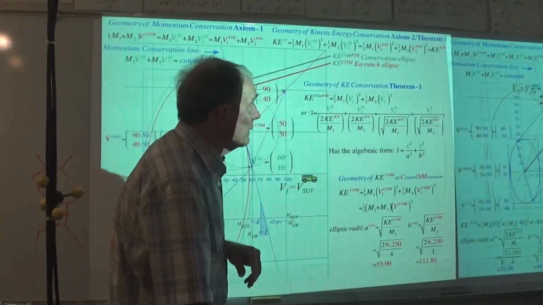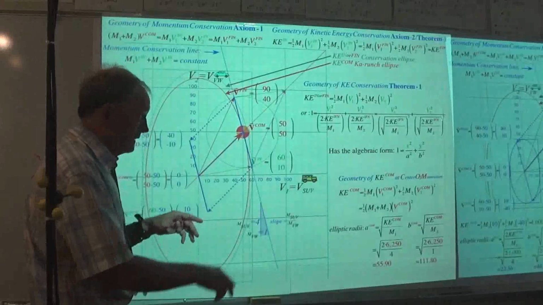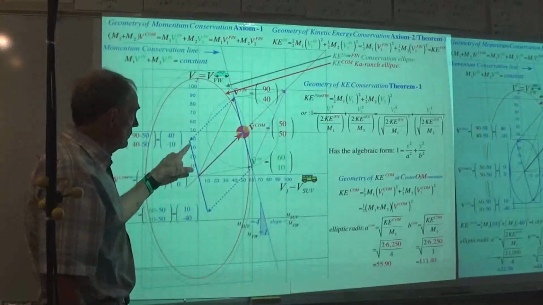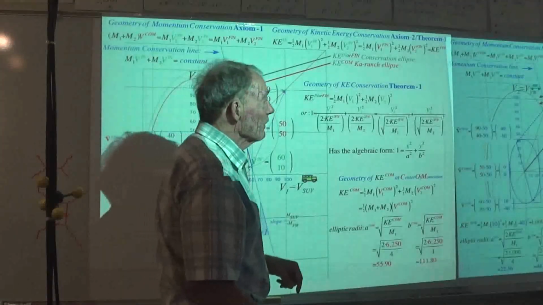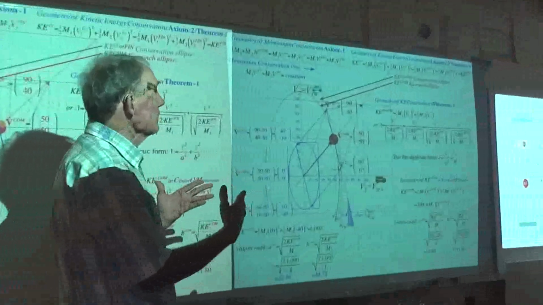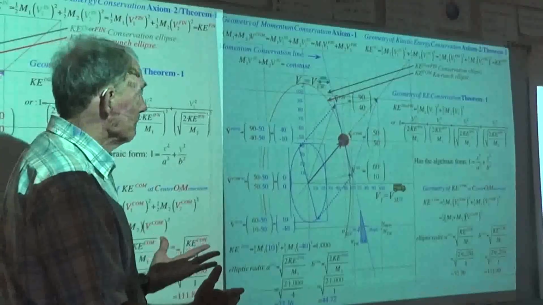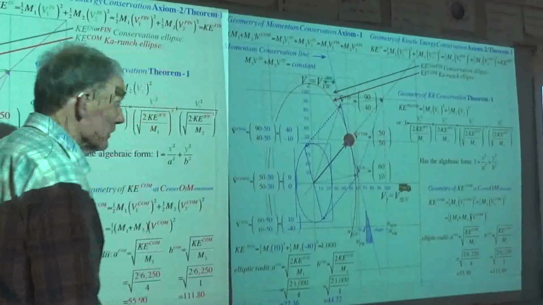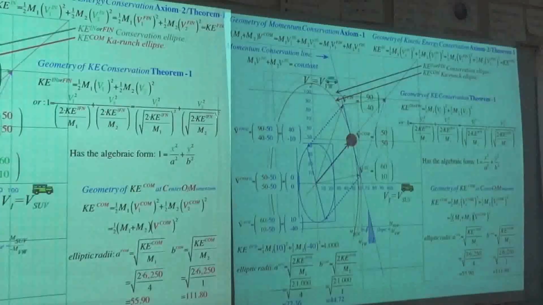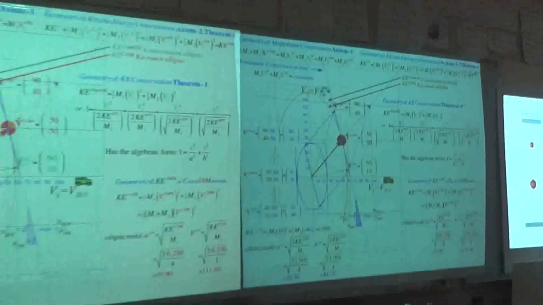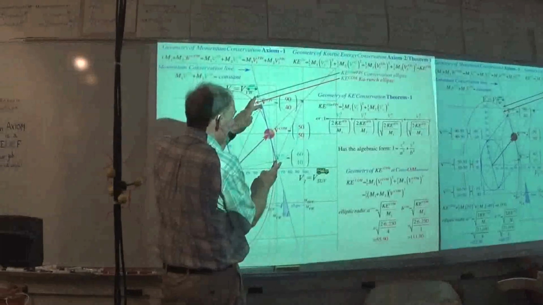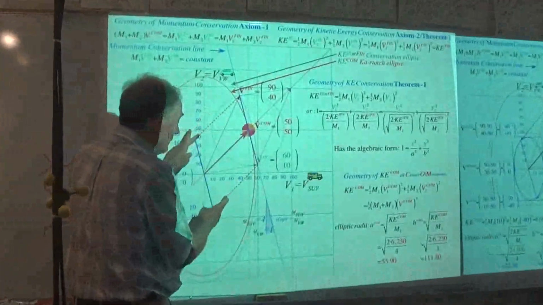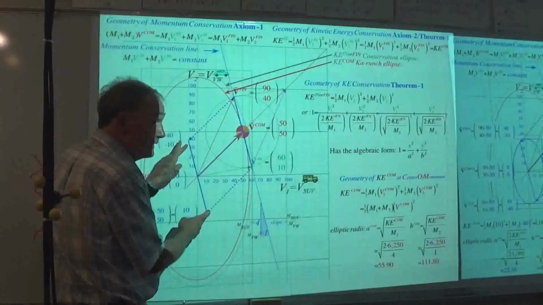Now let's see, something else I want you to do is this thing right here. I want you to go ahead and see what it all looks like if you work in the center of momentum frame. But remember how easy it is for our friend Galileo to do a translation to the center of momentum frame. Down the 45-degree lines you go.